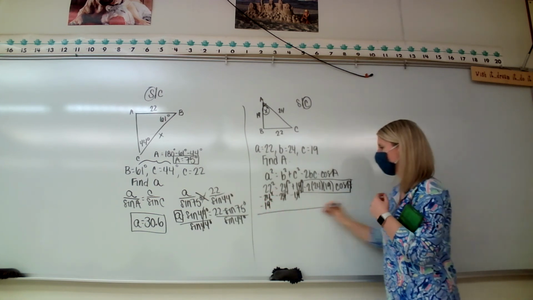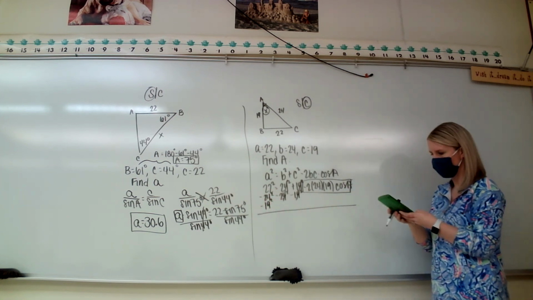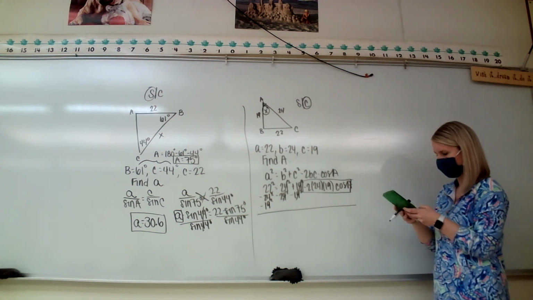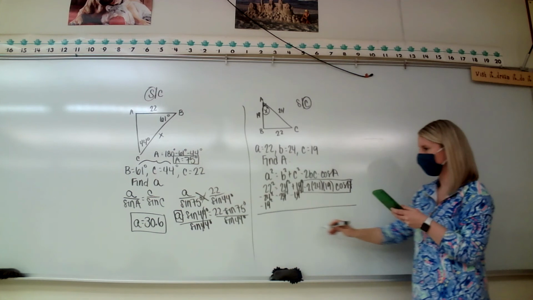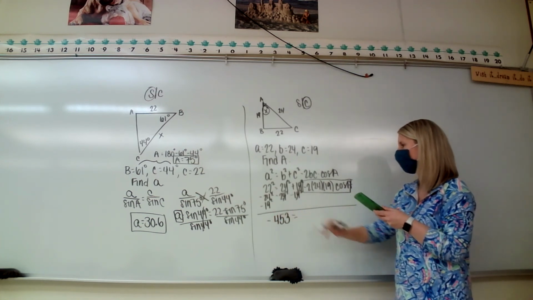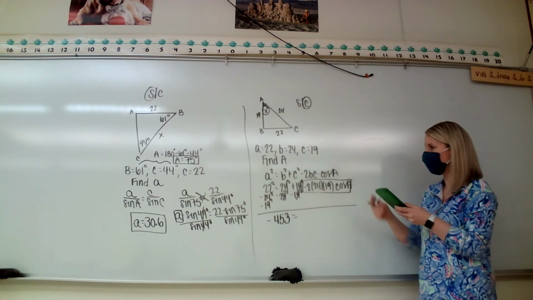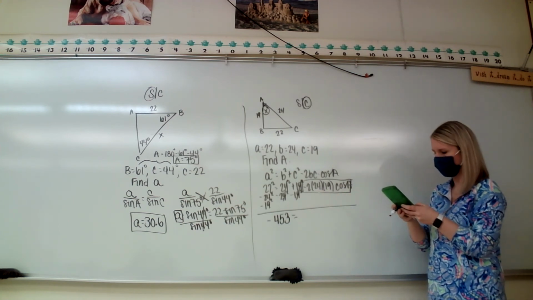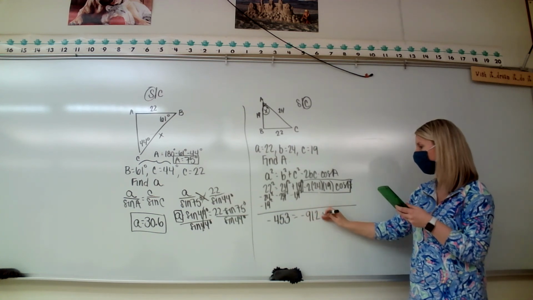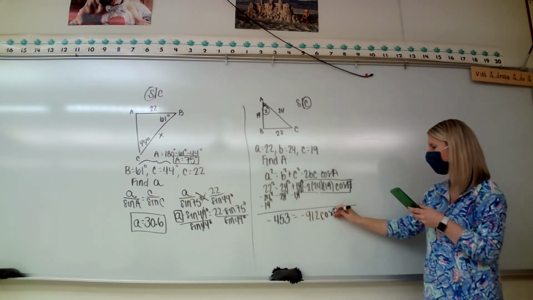All right, so I'm going to combine those things now. What do I get? 22 squared minus 24 squared minus 19 squared. It's going to give me negative 453 equals. I am going to combine these numbers because once again, that's all multiplication. That's going to give me negative 912. So we're looking a little bit better.